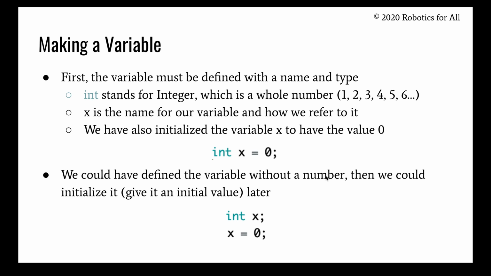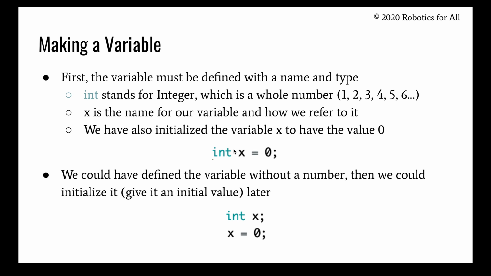Next thing is a variable. In order to make a variable, you have to have a name and a type. An example of a type is an int, which stands for integer, which means it's a number. After the type, you need a name. In this case, we'll name our variable x. This is an example of initializing a variable.